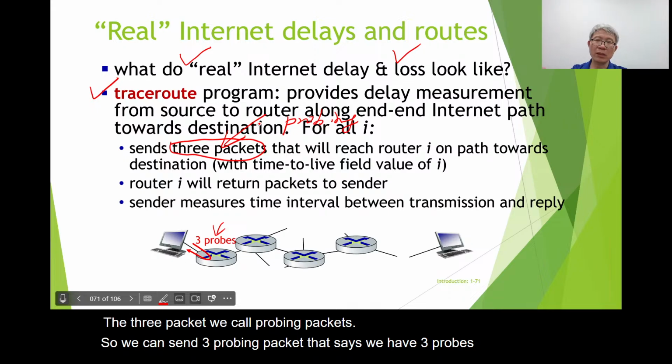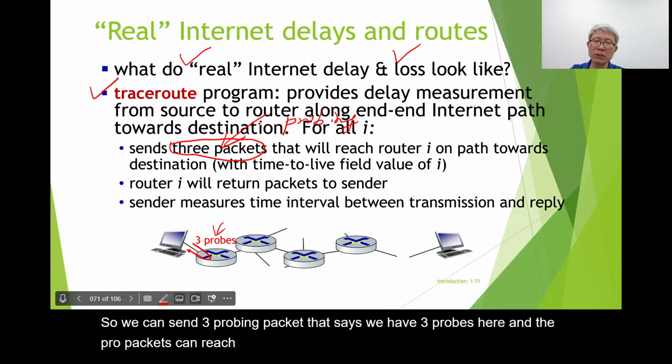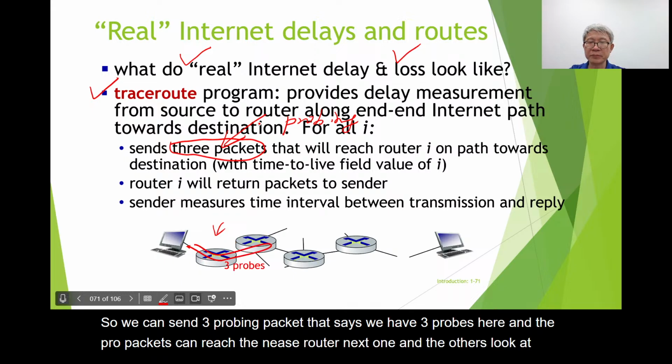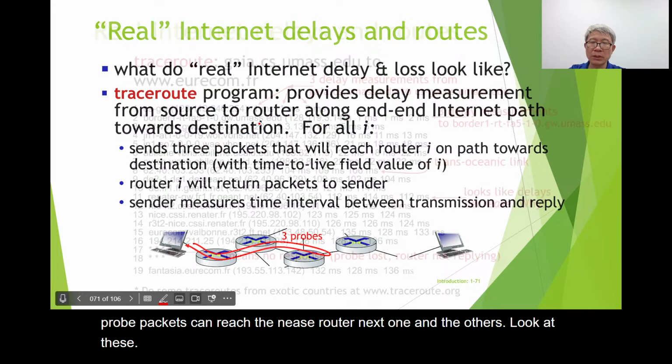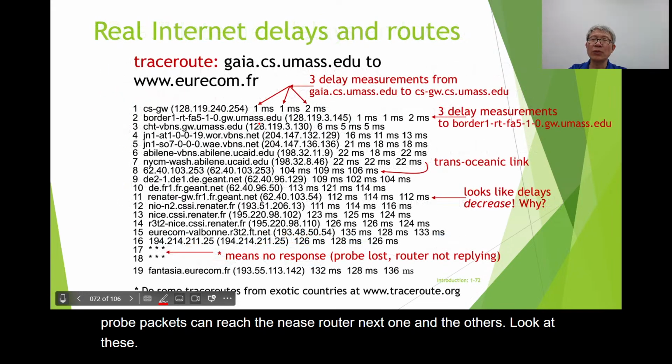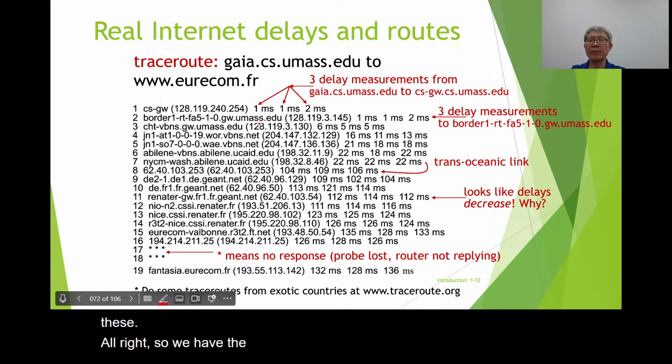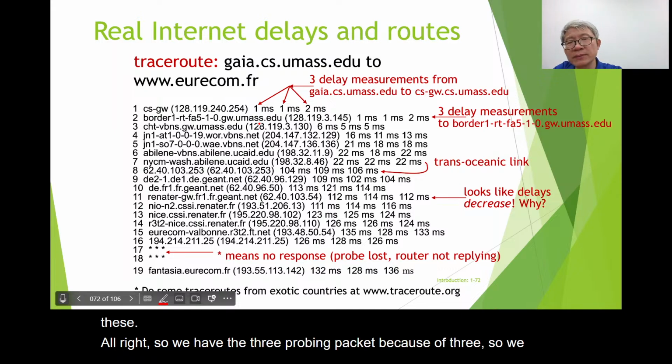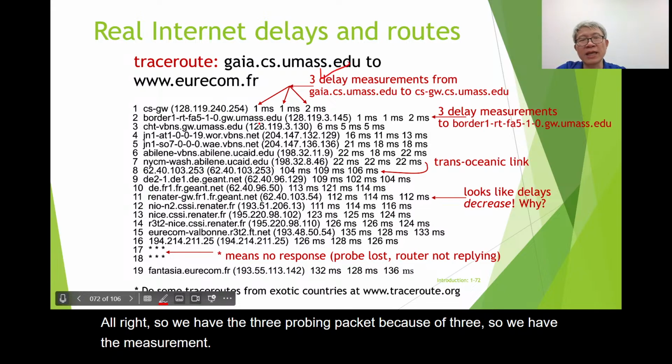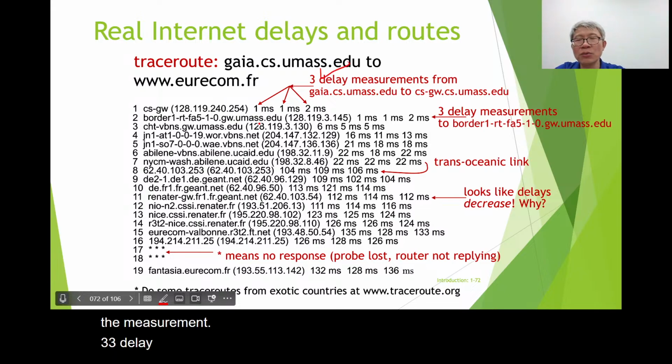The probe packets can reach the next router, the next one, and the others. Look at these. All right, so we have the 3 probing packets. Because of 3, we have 3 delay measurements. Then the next one and the next one, to the end, actually the destination.